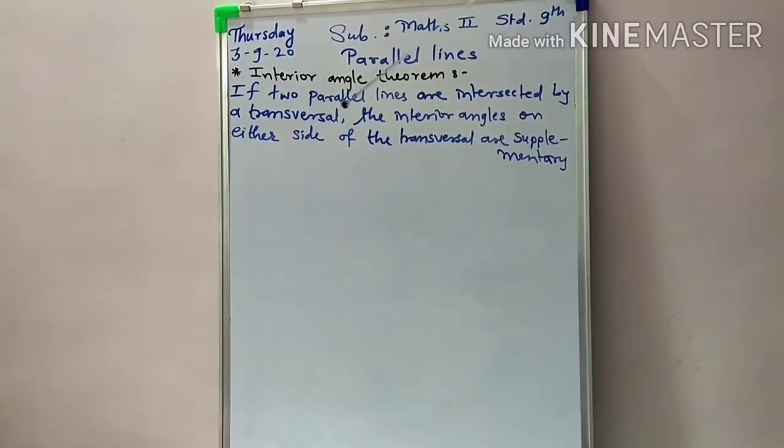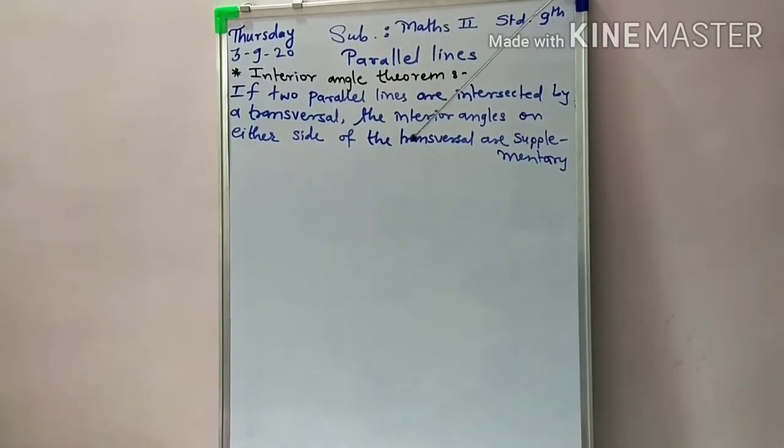There are two parallel lines and a transversal, meaning the transversal intersects the two parallel lines, and then a pair of corresponding angles, a pair of alternate angles and a pair of interior angles are formed. And here we have to prove the property of interior angles, that the interior angles on either side of the transversal are supplementary.